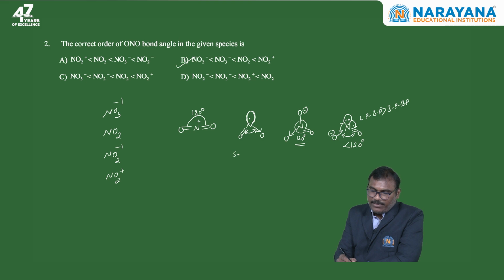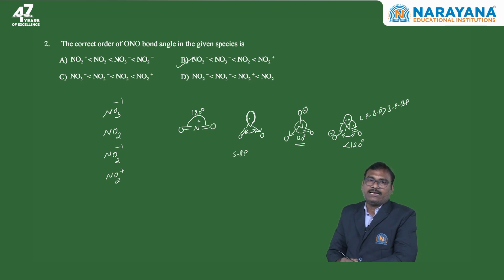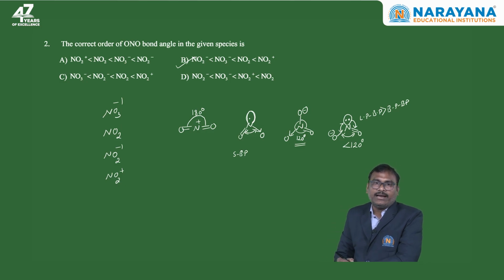Here the single electron bond pair repulsion is lesser than bond pair repulsion, which makes the bond angle greater than 120 degrees. This repulsion is less than the normal electron pair and bond pair repulsion, so the bond angle is greater than 120.